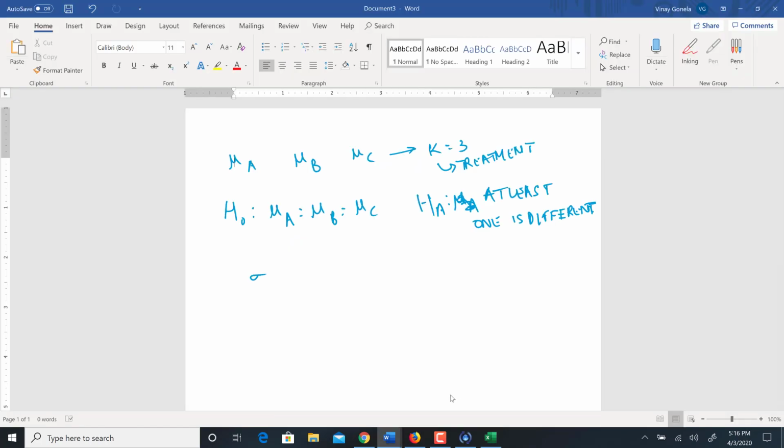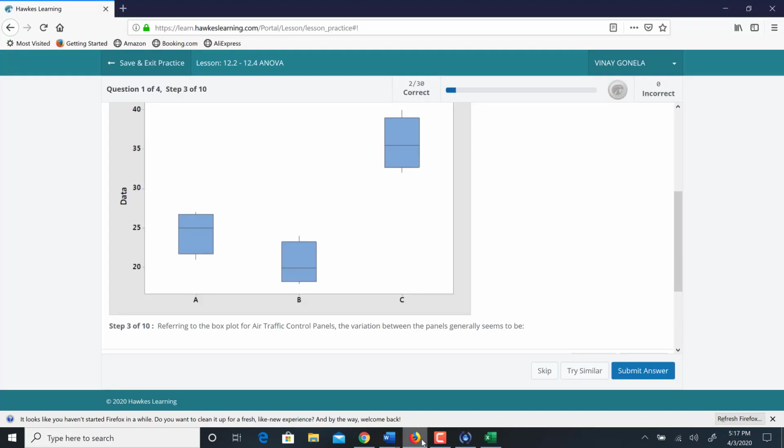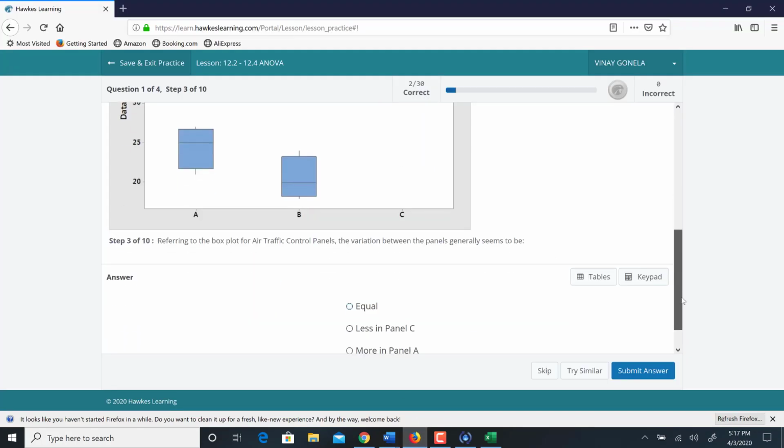That means sigma 1 squared is equal to sigma 2 squared, or in this case sigma A squared is equal to sigma B squared, sigma C squared. That is the assumption on which your ANOVA is working. So even though they look different, you can just say they are kind of equal.